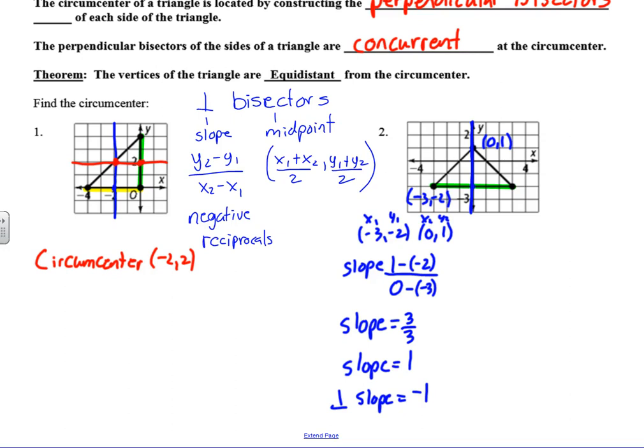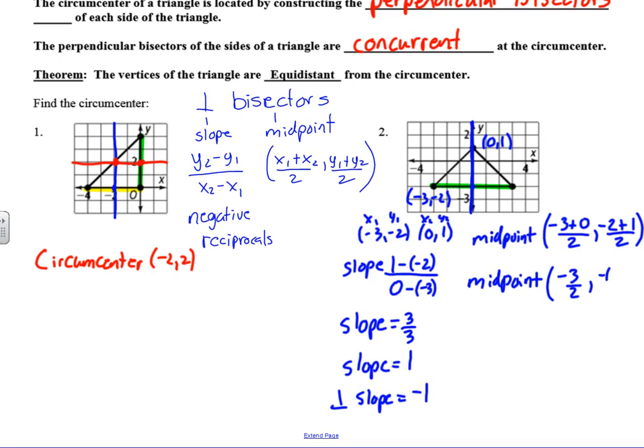So now we just need to find where the midpoint is. Our midpoint formula says x1 plus x2 divided by 2, comma, y1 plus y2 divided by 2. The midpoint formula, that's for you. So, -3 over 2 and -1 over 2. So -1/2, -1/2.